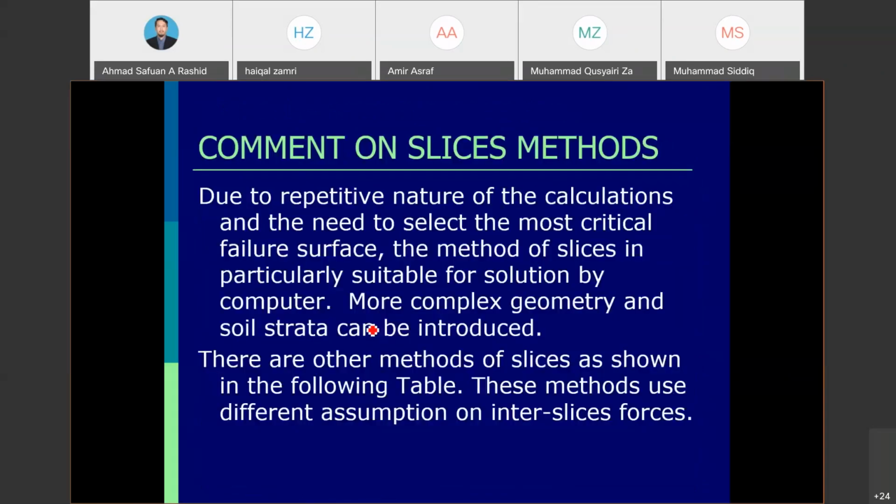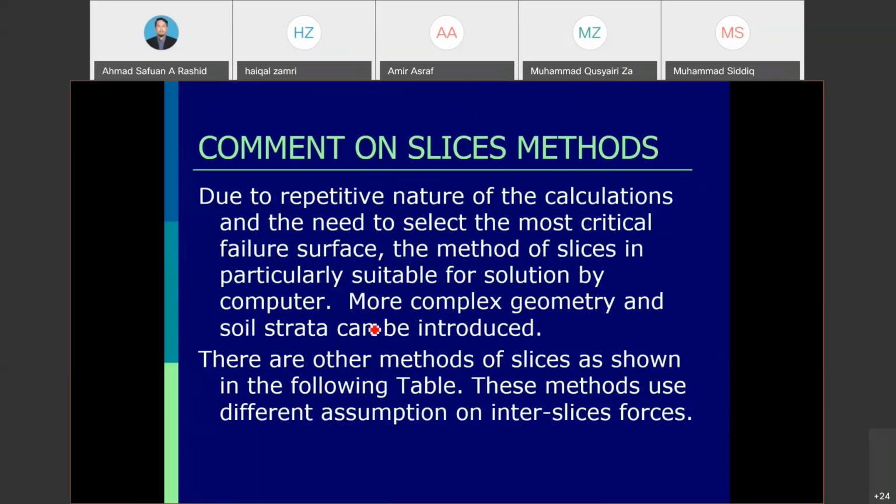Due to repetitive nature of the calculation and need to select the most critical failure surface, the method of slices is in particular suitable for solution by computer. More complex geometry and source data can be introduced. There are other methods of slices as shown in the following table. These methods use different assumptions on the inter-slice force.